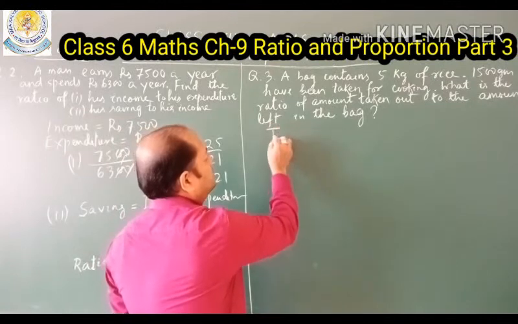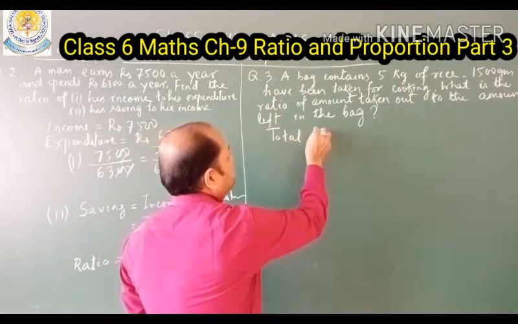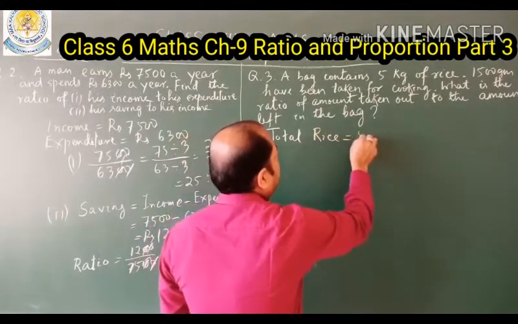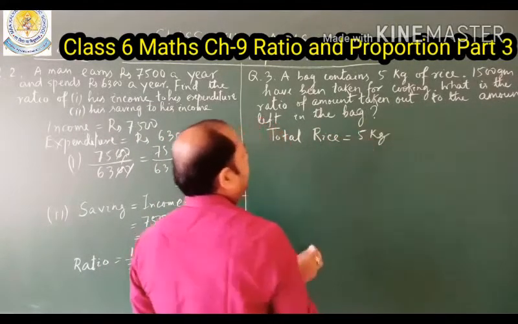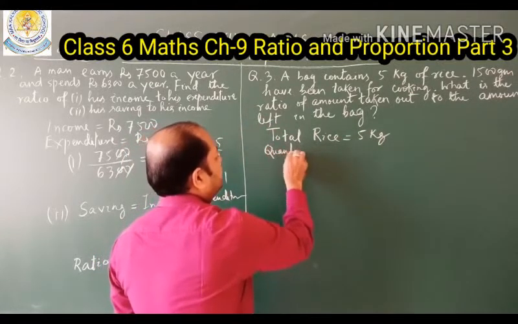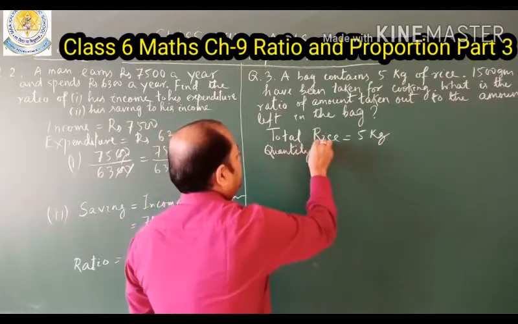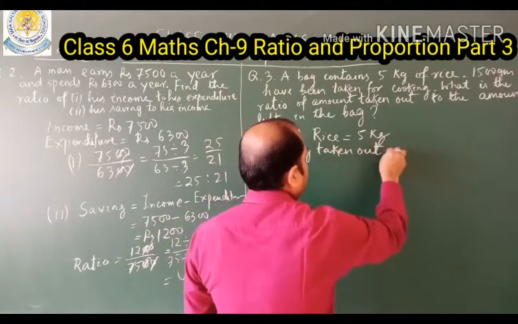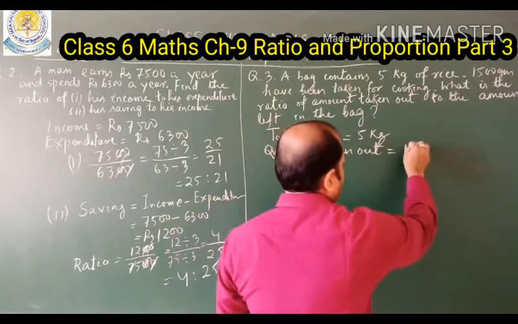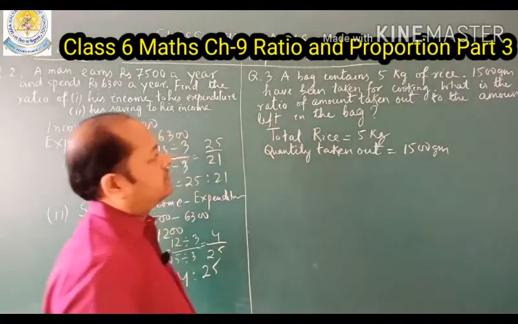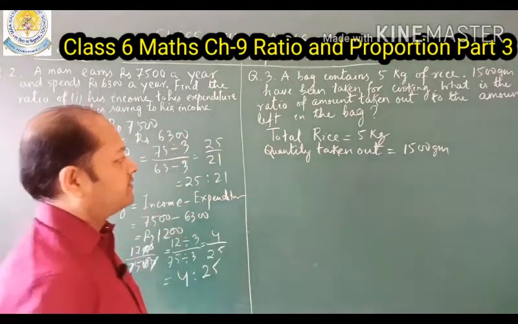So the first figure is the total. Total rice equals how much? That is 5 kg. And quantity taken out, how much? That is 1500 gram. Okay, now what is the amount left?